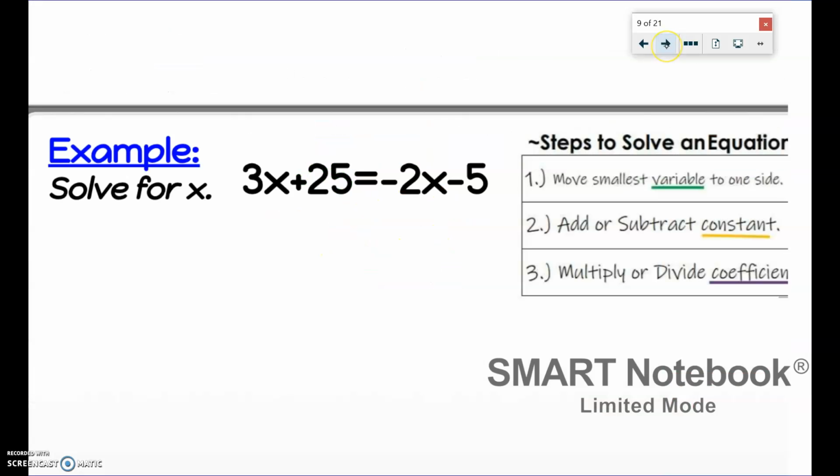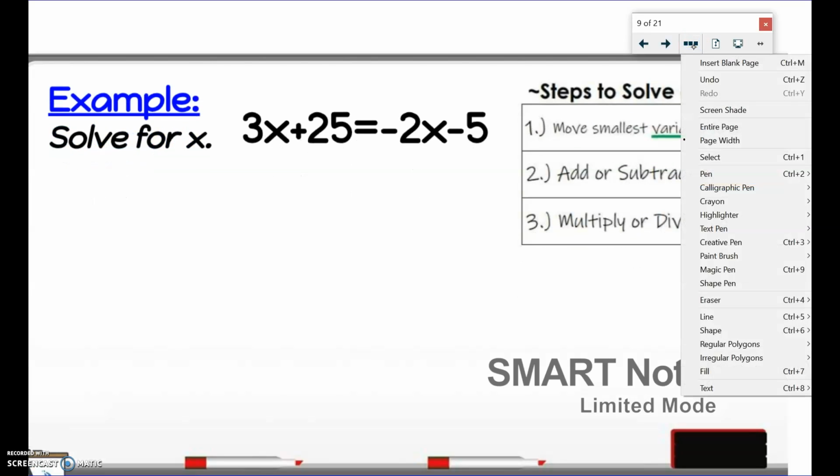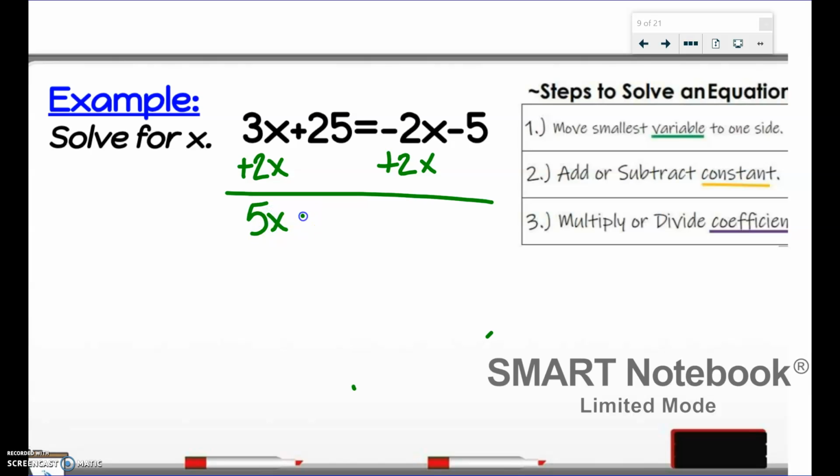Okay, let's take a look at our second example. Remember, the first thing that I'm going to do, I am going to move my smallest variable. In this case, -2 is my smallest variable, so I'm going to add 2x on both sides, because you remember you're using the opposite or the inverse operation, so that gives me 5x plus 25 is equal to -5.